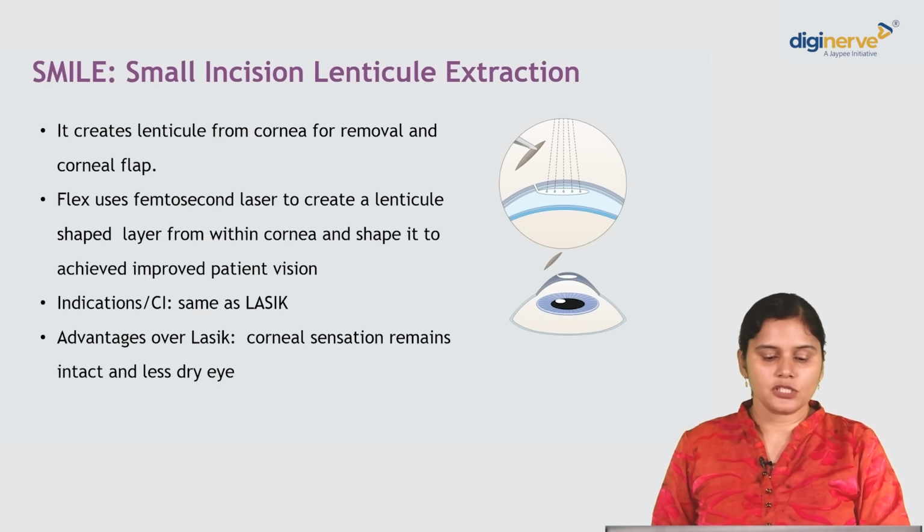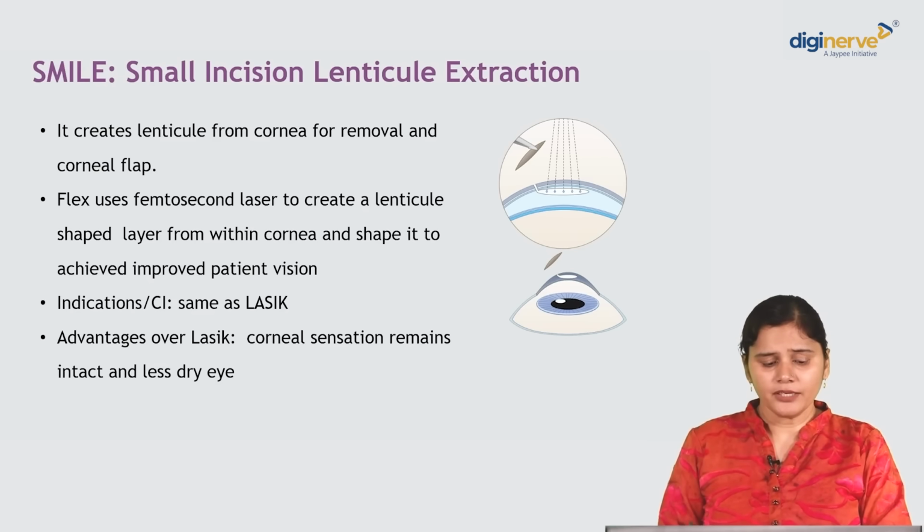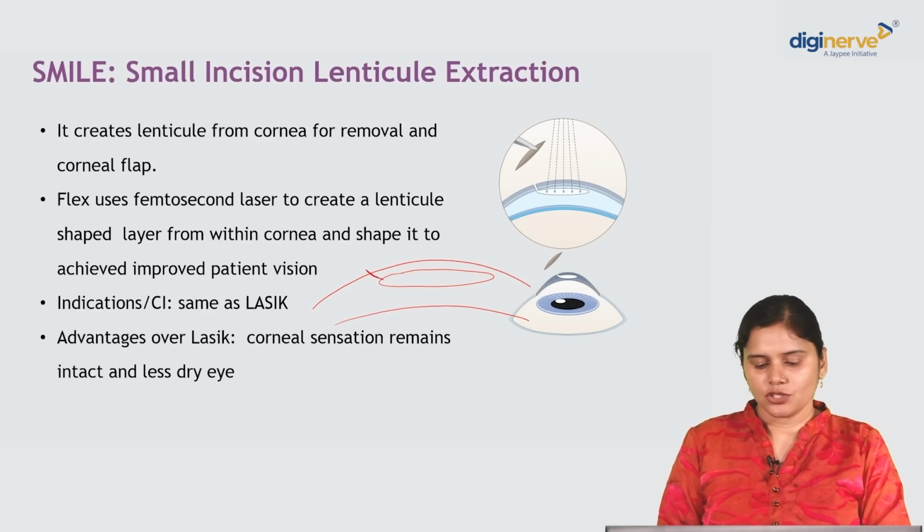Nowadays, we have SMILE, which stands for Small Incision Lenticule Extraction. So what did we do in LASIK? We had to create a flap. But now that we have femtosecond laser, it makes a lenticule inside the cornea. Inside the cornea, the laser cuts out a lenticule and makes an incision on one side.